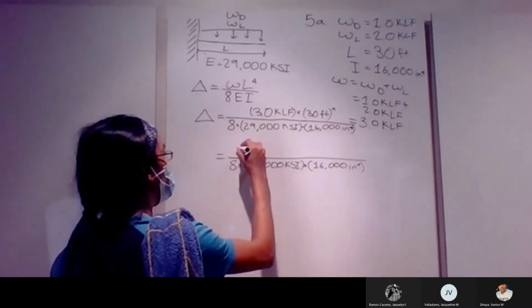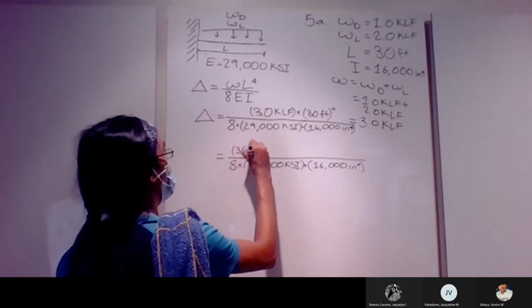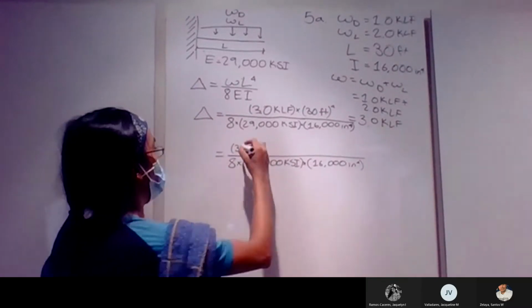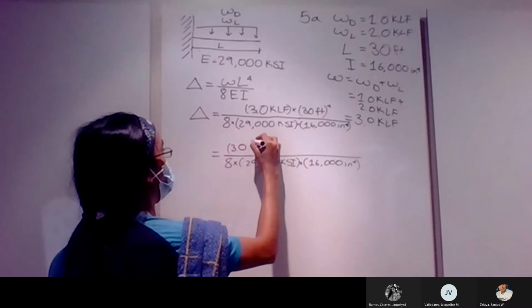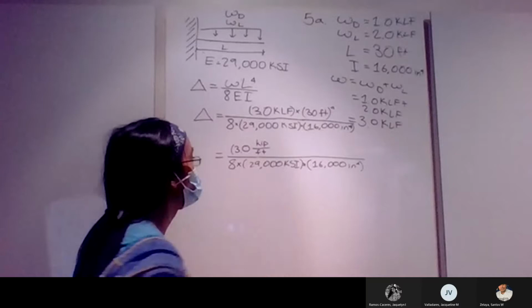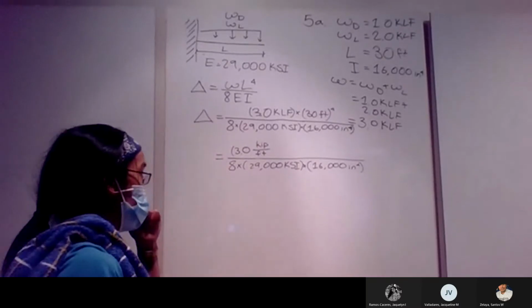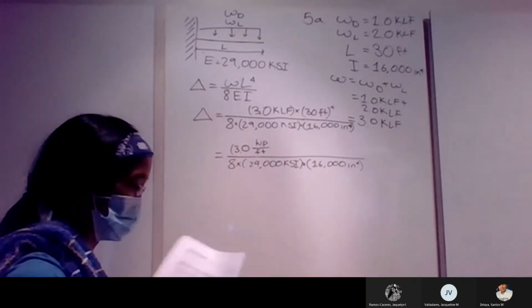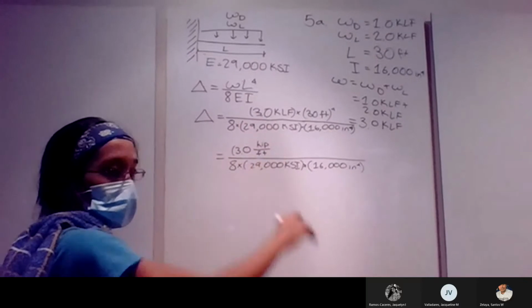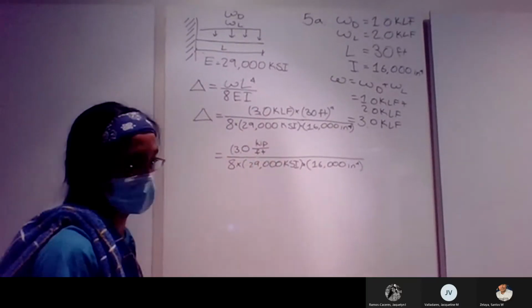Now, why is that? I'm just going to write this out. 3.0 kips per linear foot. This is how you would visualize this. You have kips on the numerator over feet in the denominator.